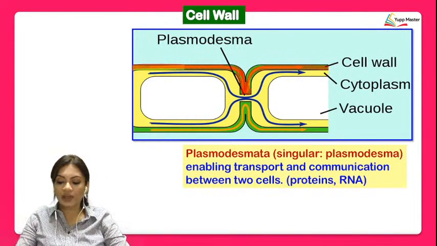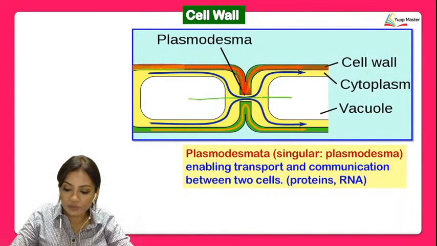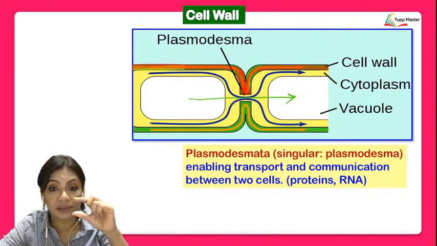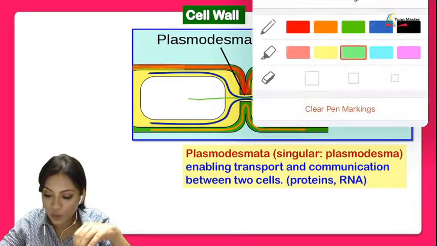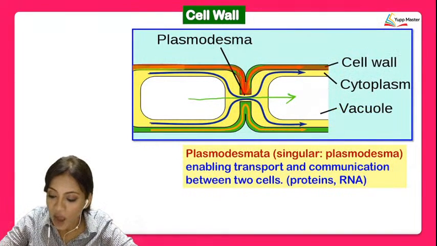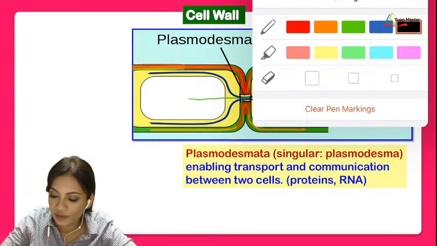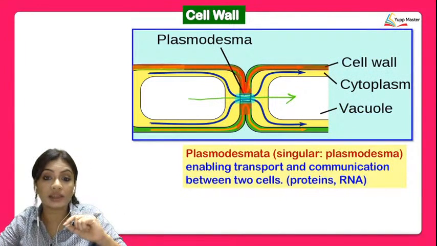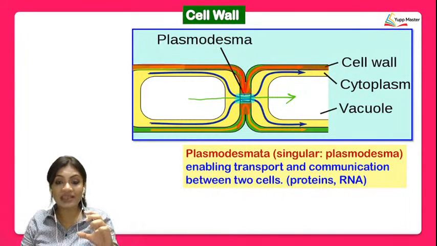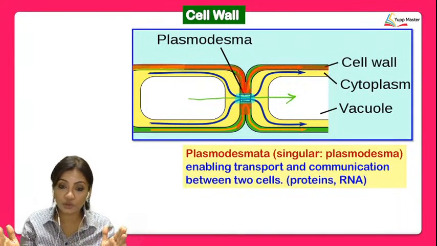Now, if I need to transport substances from this cell to this cell, there has to be a bridge in between. This is why the cell wall at different regions has a gap. This region I'll color in blue. This gap in the cell wall allows substances to travel from one cell to another.